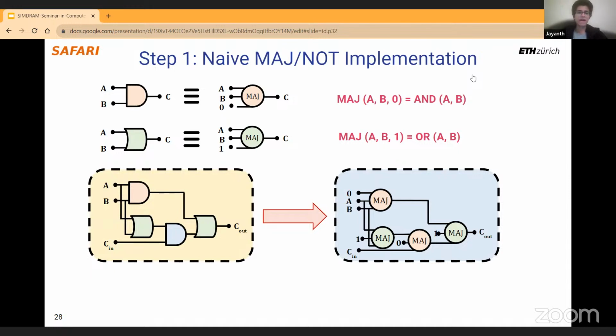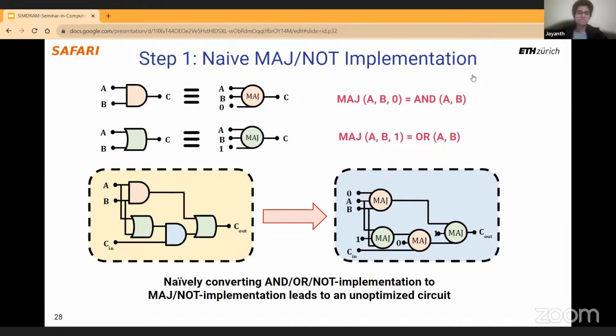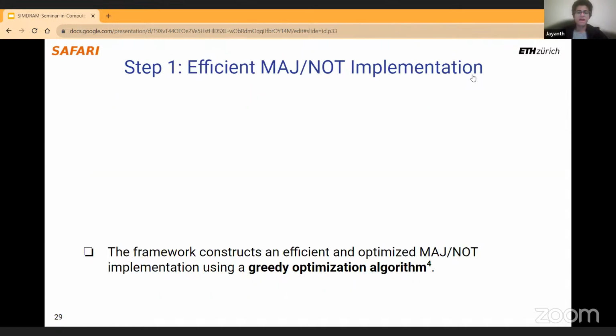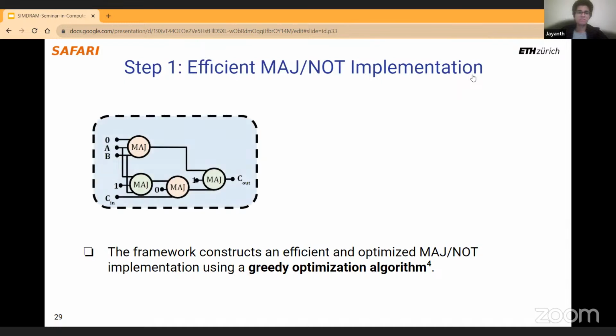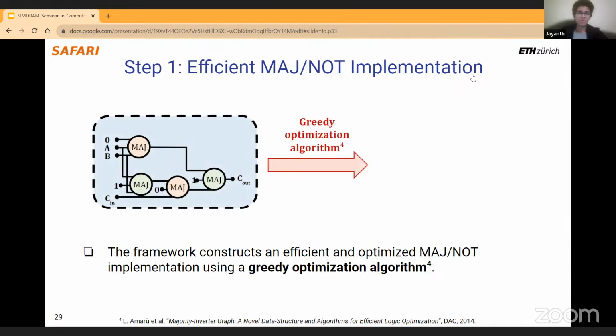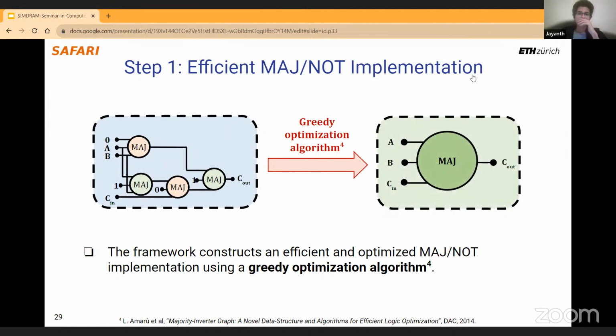It takes in the bits that we are adding and the carry-in, and it generates the carry-out. Step one first generates a naive MAJ/NOT implementation by replacing all of the gates in the circuit on the left with majority gates. This is an unoptimized circuit, and therefore the framework needs to optimize it. So in the next step, the framework optimizes this using a greedy optimization algorithm. The details about this algorithm can be found in the paper cited below.